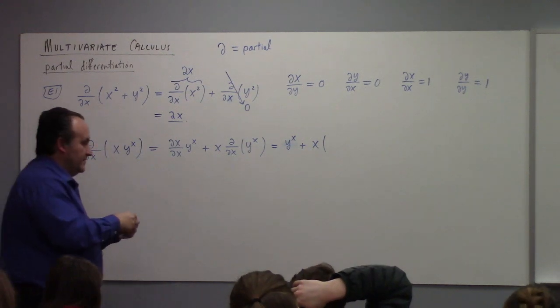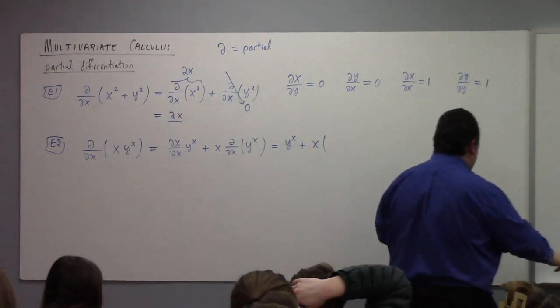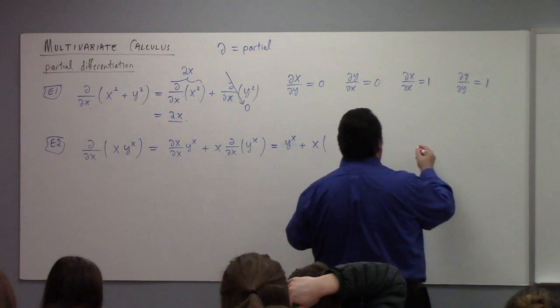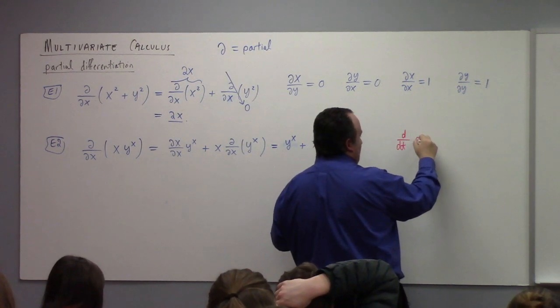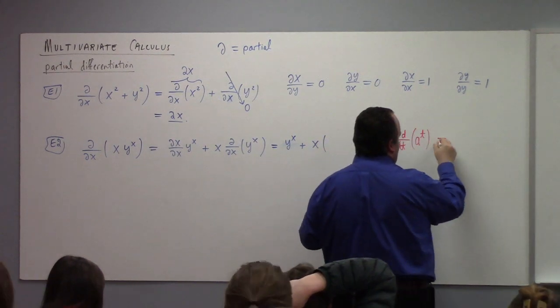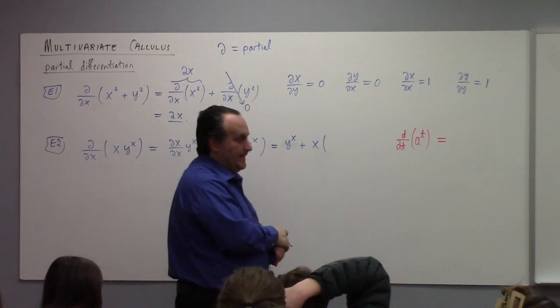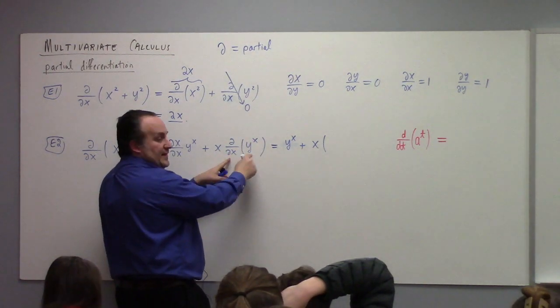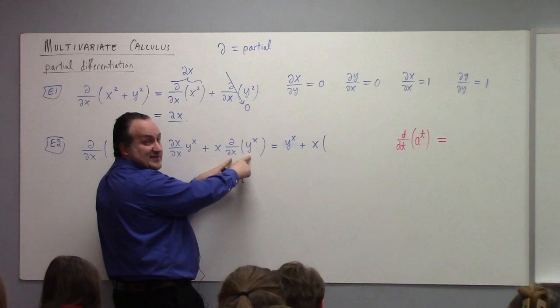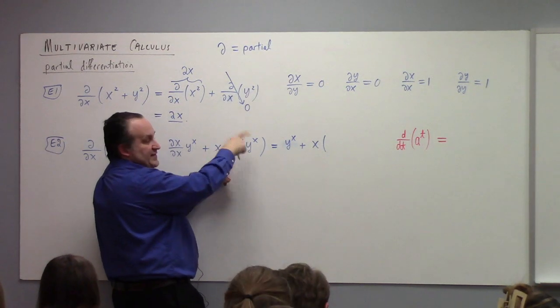Let me show you what this is. You don't know? Yeah, that's fine. Let me show you something with different letters, maybe to give you an idea. If we had d dt of a to the power t, how would that go? See, we're varying x, and the base y is held as a constant. So this is an exponential function.